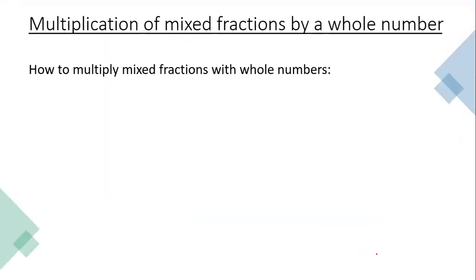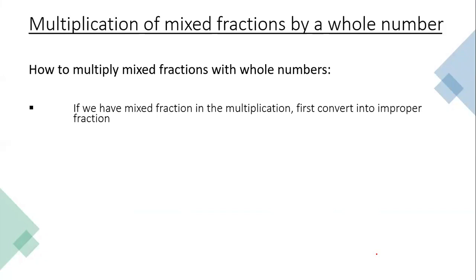How to multiply mixed fractions with whole numbers? Let's see. If we have a mixed fraction in the multiplication, first we have to convert it into an improper fraction.